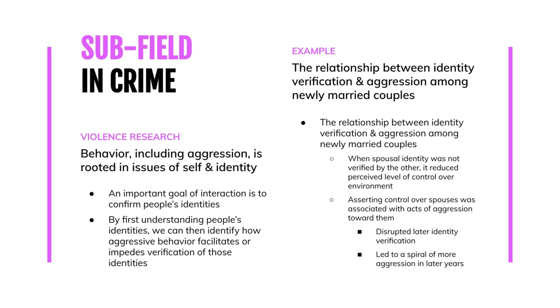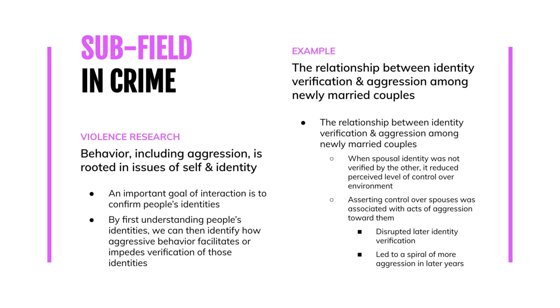In order to compensate for this reduced control, these individuals asserted control over their spouses, and that heightened control was associated with acts of aggression towards them. Again, this isn't like every single person responded in this way, but they did see this pattern of behavior in terms of aggression and violence within a relationship.